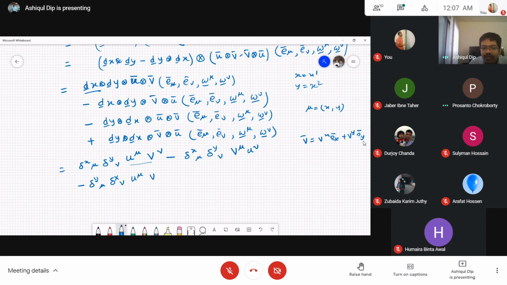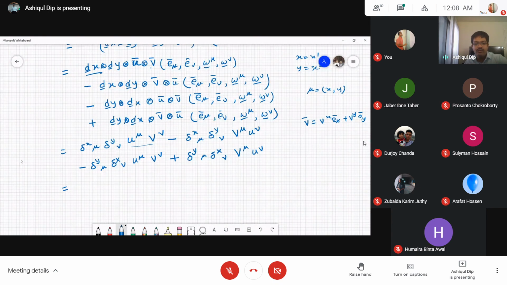Then plus Kronecker delta y mu, Kronecker delta x nu. No, this term should be opposite. Oh, okay. Yes, it's x nu. So then v mu u nu.